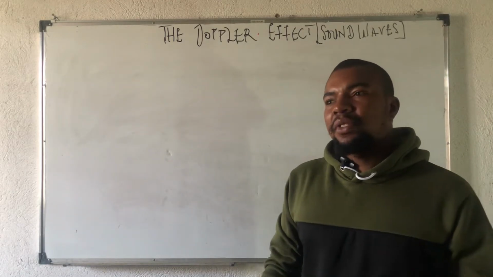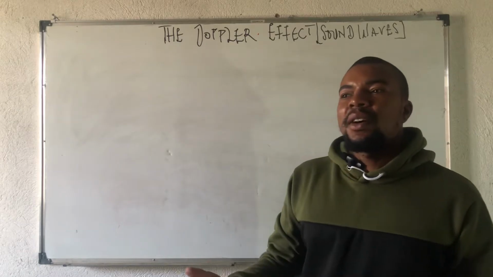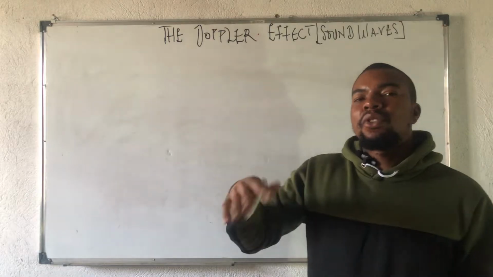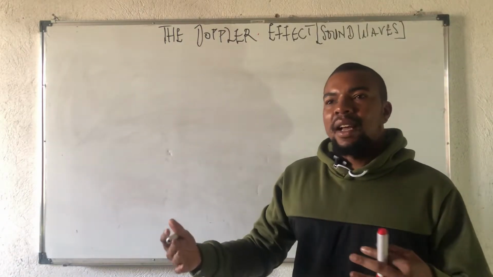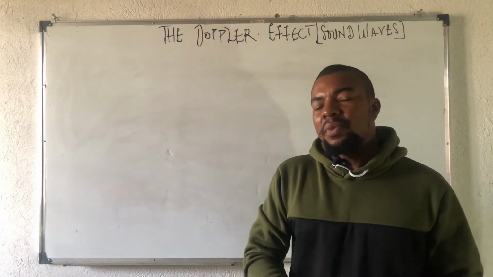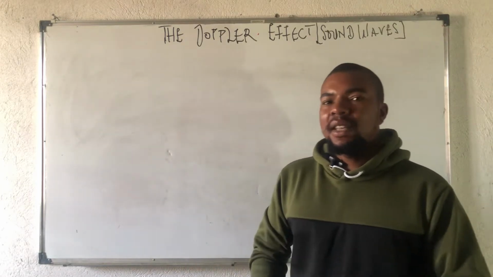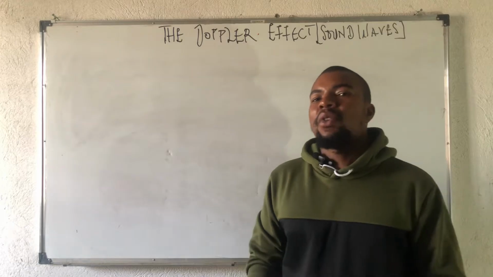The source might be stationary, the observer might be moving, so it's not constant. It changes as either the observer or source changes position. So how do we calculate this apparent frequency?